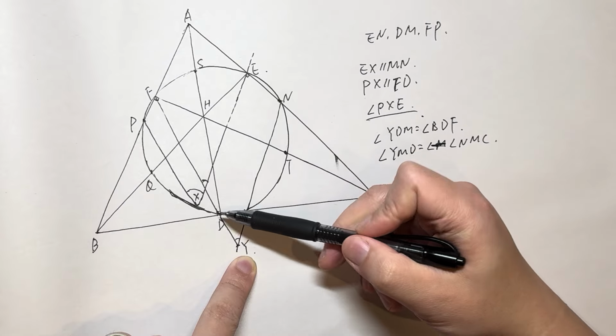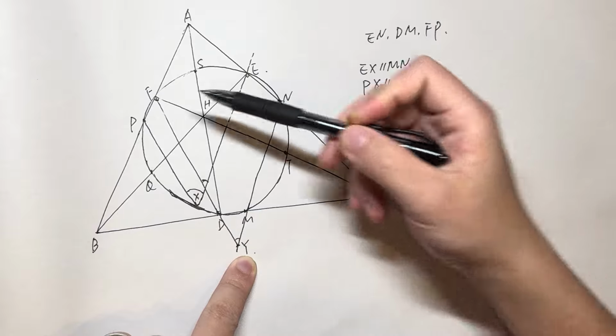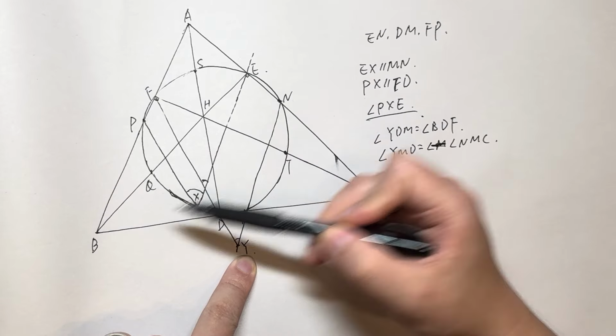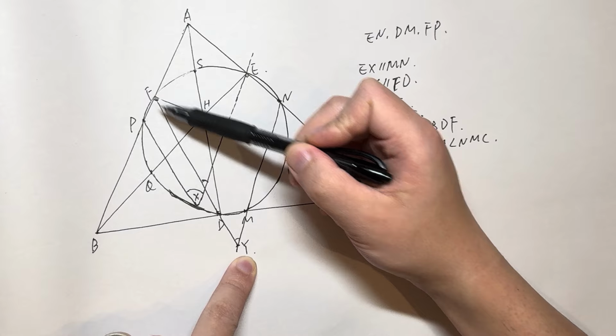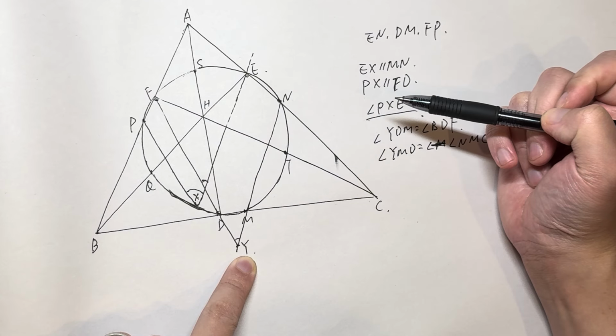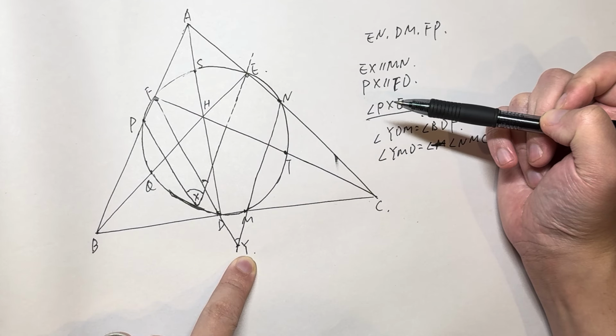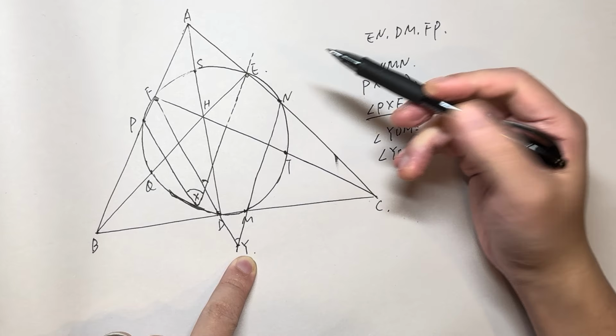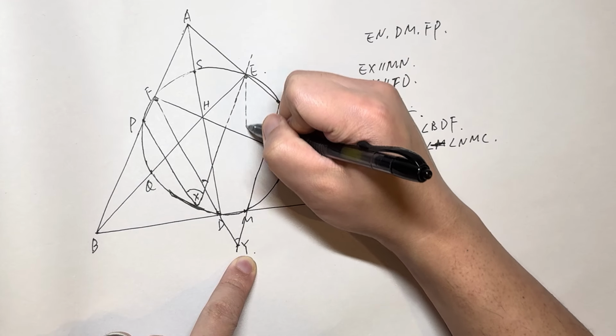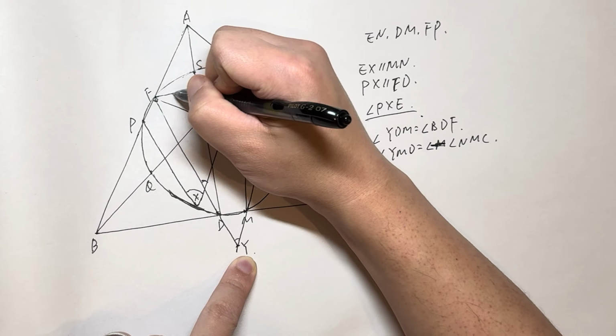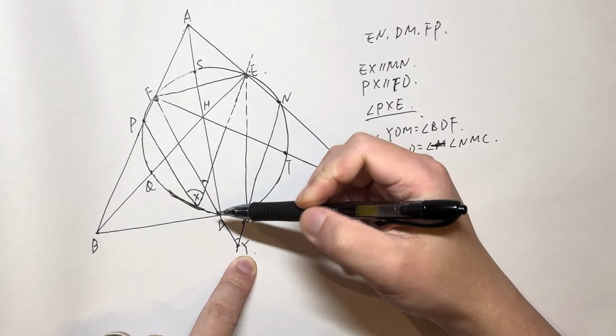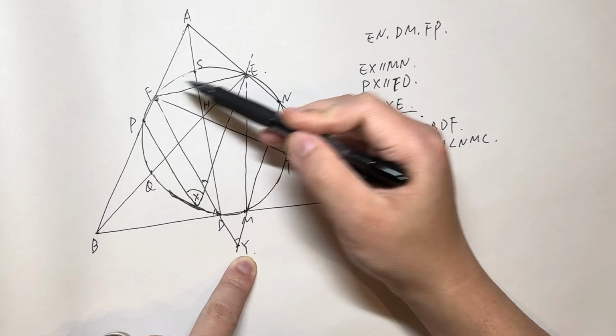And what is angle BDF? The angle BDF equals angle... So if we do this connection here, this angle equals angle FDE.